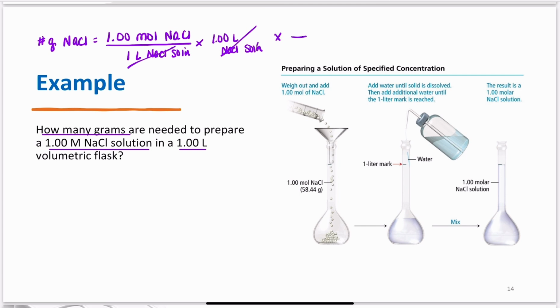Now, I want to get out of moles, so I need to cancel out moles and get to grams. I know my molar mass is my conversion from grams to moles. If I look up sodium chloride, or if I add it up, sodium has a molar mass of 22.99 grams per mole.